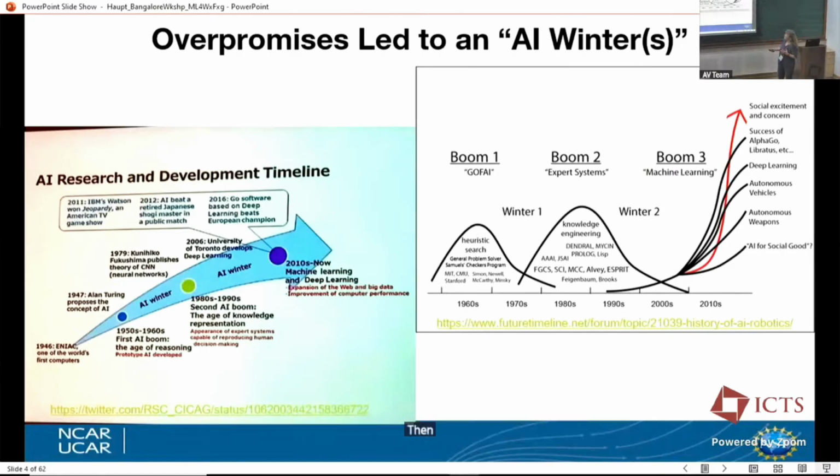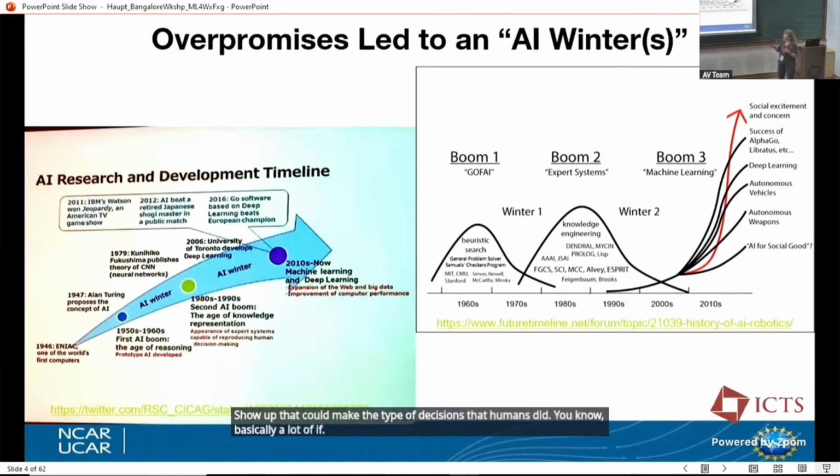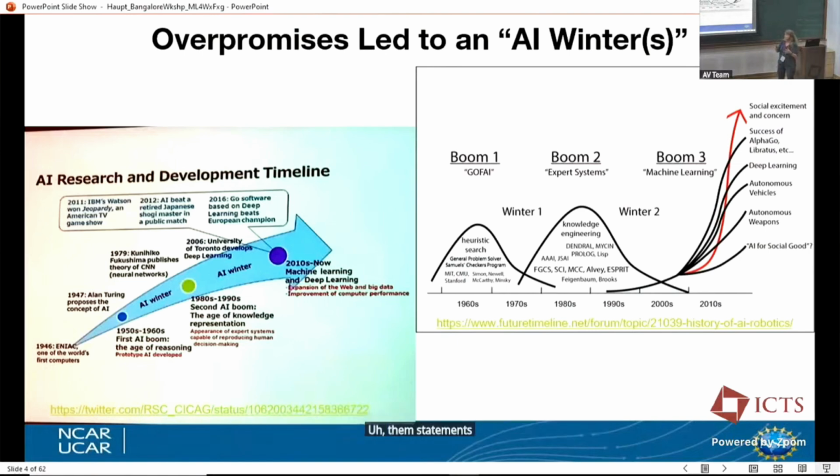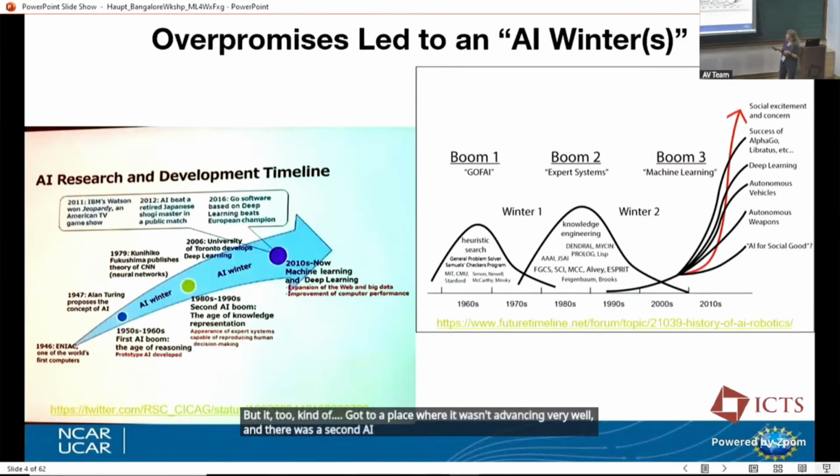Then came the second boom, and that's where we had expert systems show up that could make the type of decisions that humans did. Basically a lot of if, then statements, and logic composed into computers. But it too kind of got to a place where it wasn't advancing very well, and there was a second AI winter.